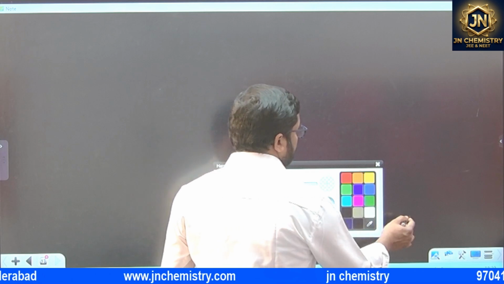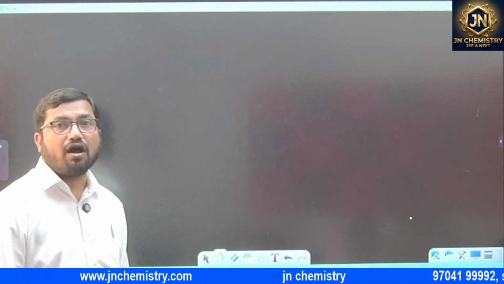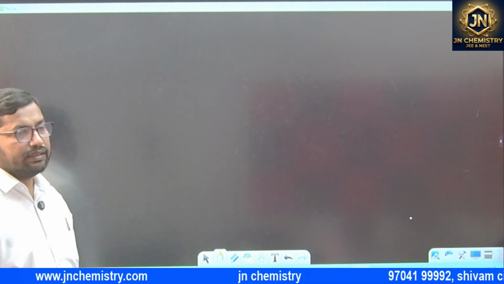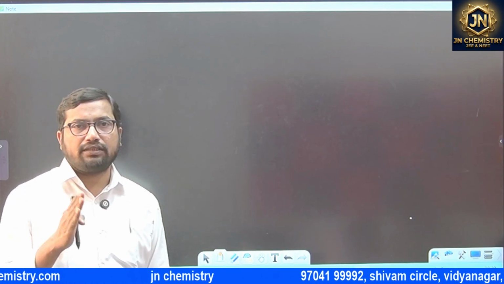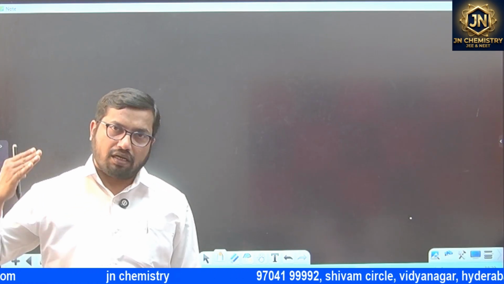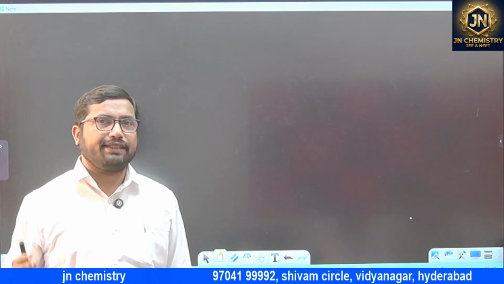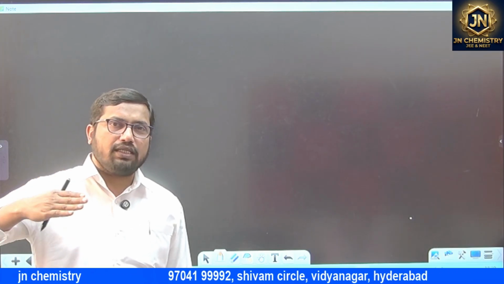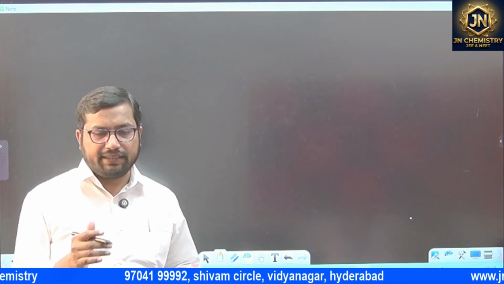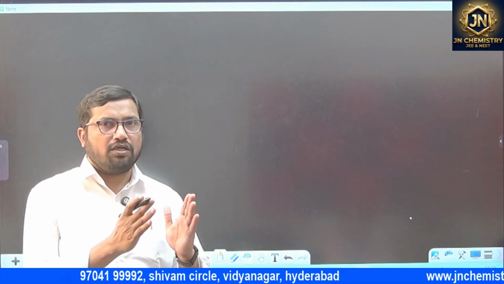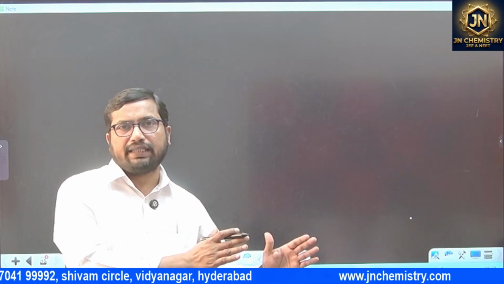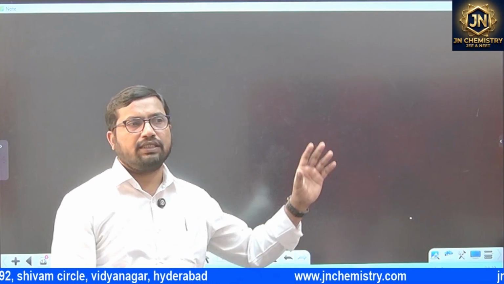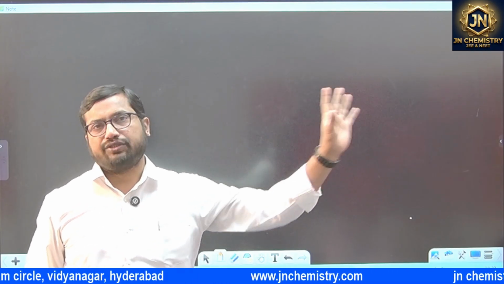Next one. Preparation of alkanes. Now onwards, alkanes, alkenes, alkynes, benzene, haloalkanes, alcohols. In all the chapters, first the introduction, nomenclature, isomerism, then preparations, physical properties, chemical properties, and uses.